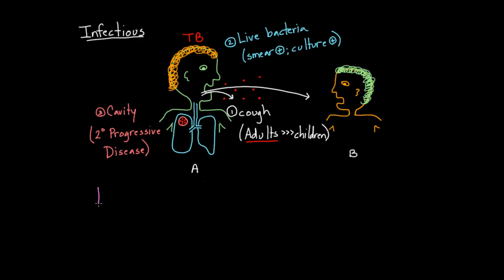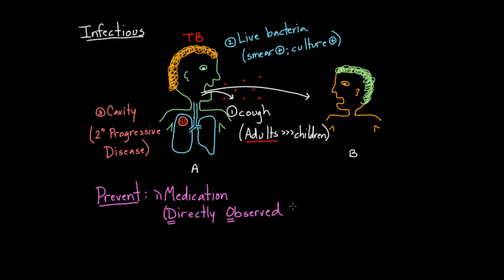So what are the things we can do to actually prevent the spread of TB? And the first one is actually kind of obvious. It's medication. So we have medications that are really good for treating tuberculosis. And one classic thing that we've done is what we call directly observed therapy, DOT. And all that means is that sometimes a physician or nurse will actually watch a patient take their medication so that they don't forget, or sometimes people don't like to take their medications.